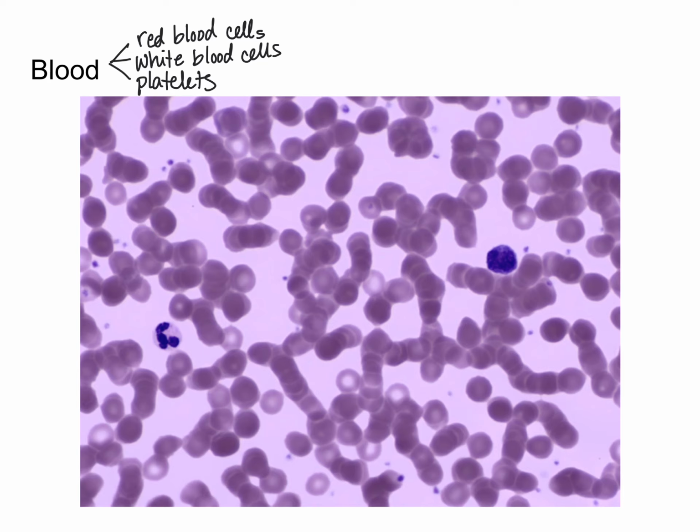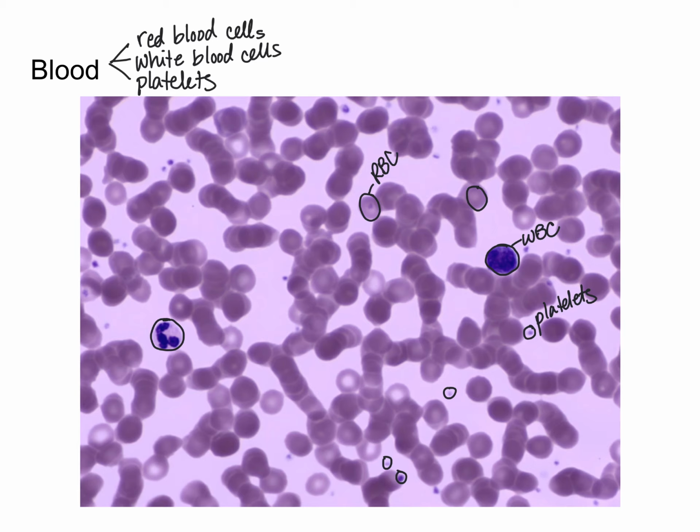So these red circles here are your red blood cells. These sparser cells that are bigger and have a purple color to them are your white blood cells. And these little teeny tiny cellular fragments all over the place here are the platelets.